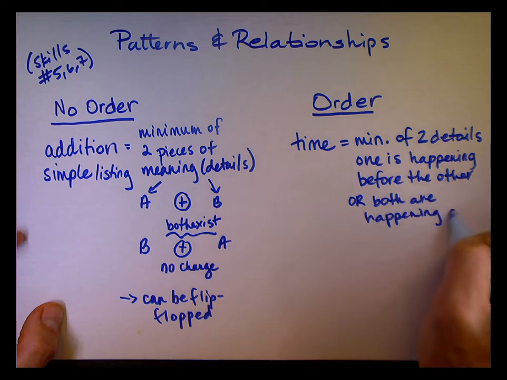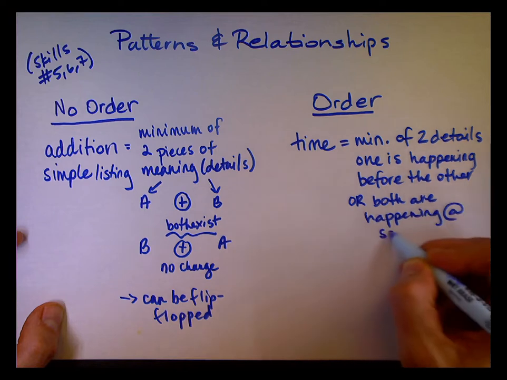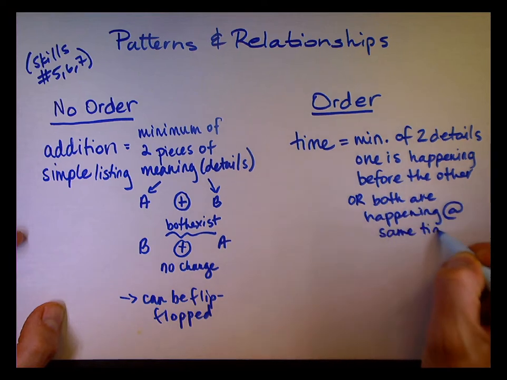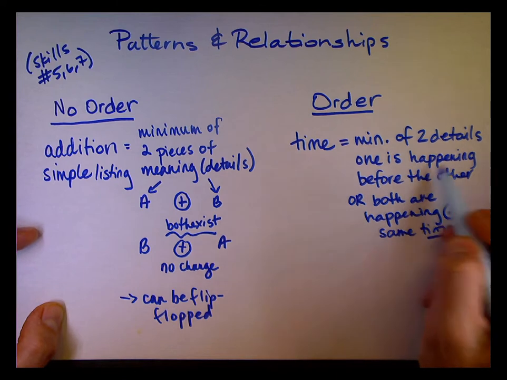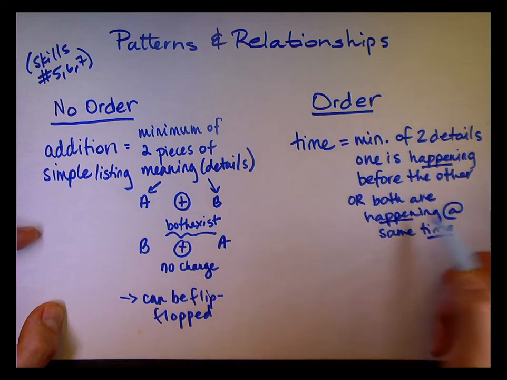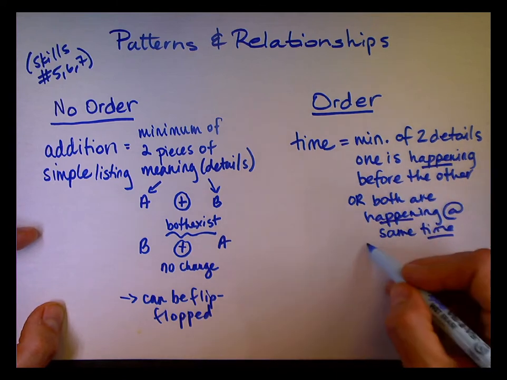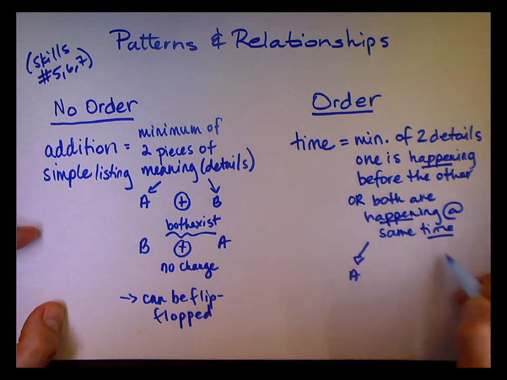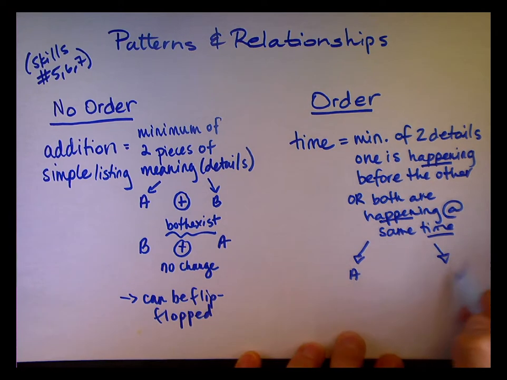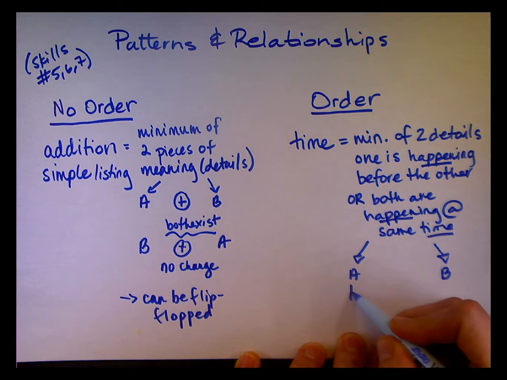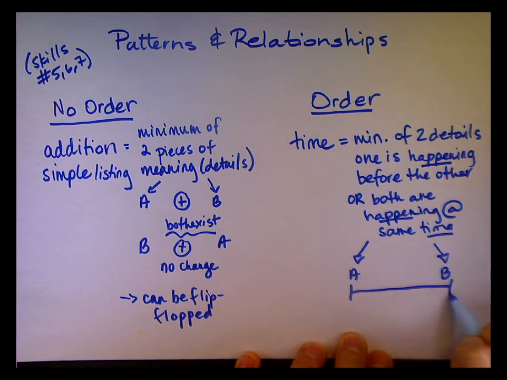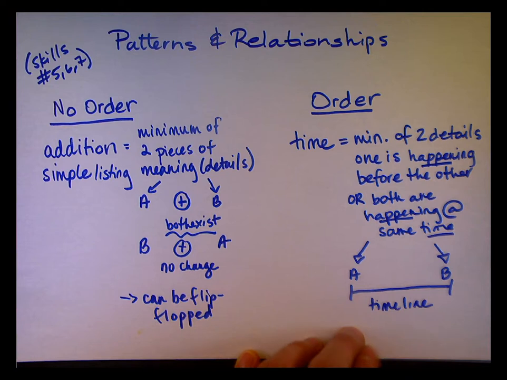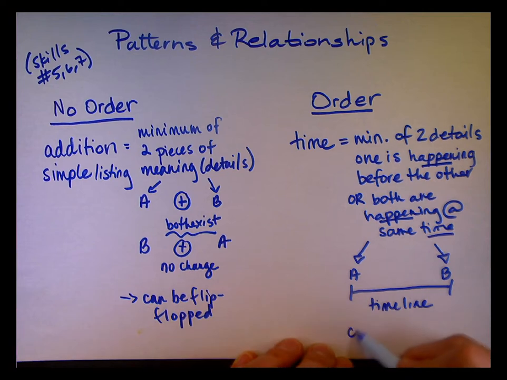Or both are happening at the same time. Notice the idea is time. It's happening. Okay? So what we're dealing with here isn't just A plus B. It's A comes first and then B comes second on a timeline.